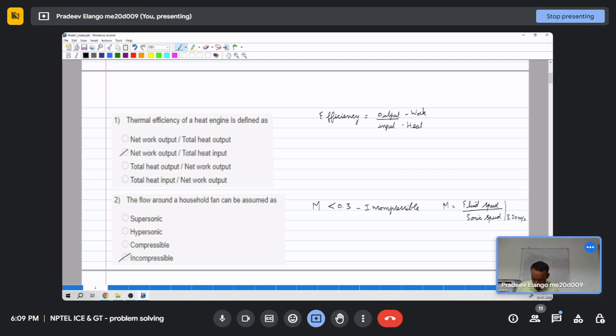Then, Mach number greater than 0.3 but less than 1 is called subsonic, and Mach number greater than 0.3 is called compressible flow, and Mach number greater than 1 is called supersonic.